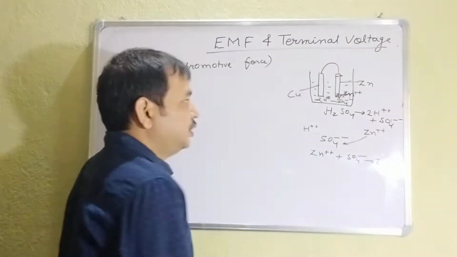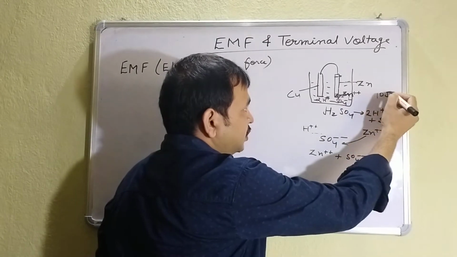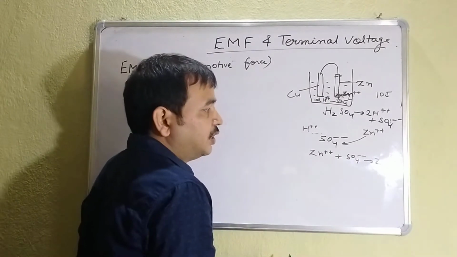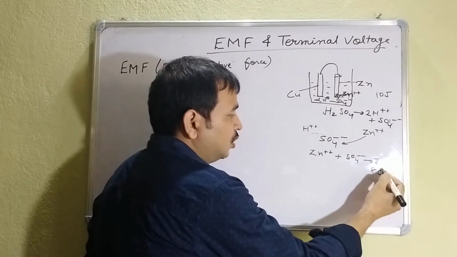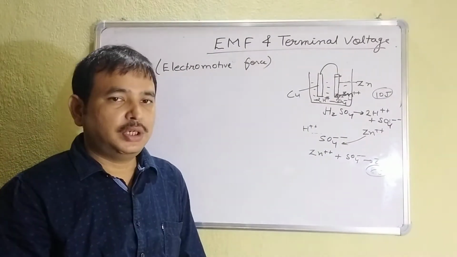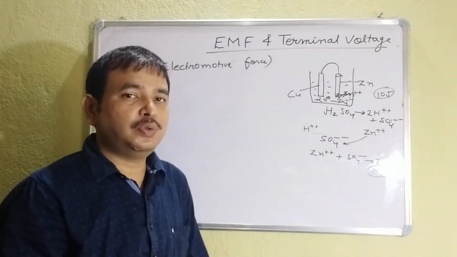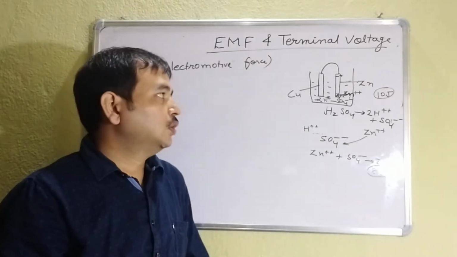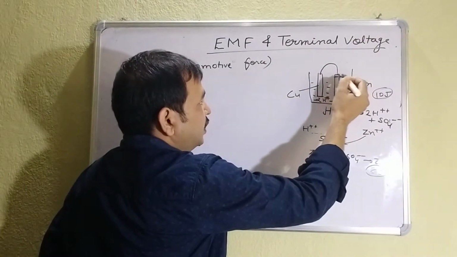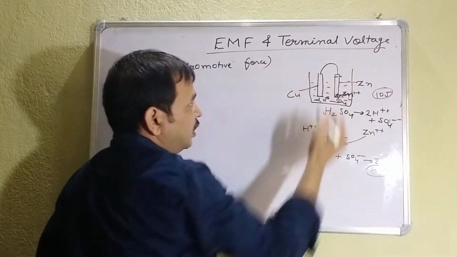See, when this H2SO4 breaks out, suppose it releases 10 joule of energy. Now in this reaction, less energy is involved, suppose 8 joule. So this difference of energy, breaking of H2SO4, 10 joule released, and making of ZnSO4, 8 joule taken. So the 2 joule left is provided to this electron, and this electron moves from one electrode to another electrode.